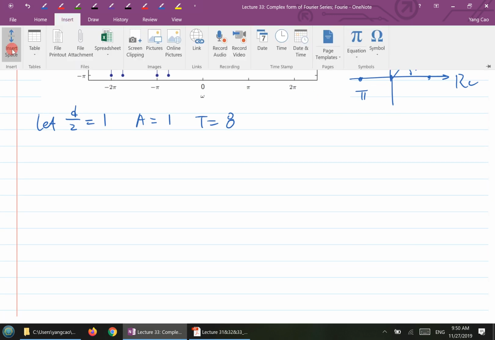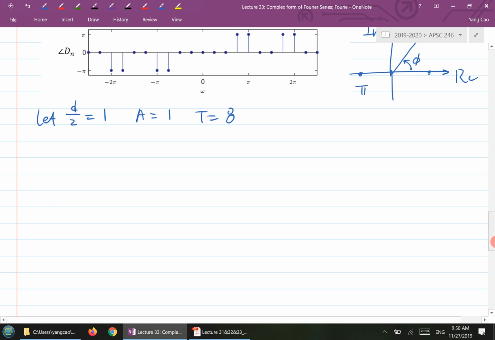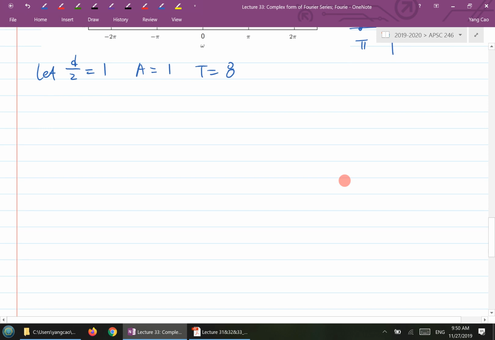So let's look at the last topics. I do have another one called the power theorem. I think I'm going to skip that one and make it optional. There's another topic, take a look at the lecture notes, called the Parseval theorem. It's a very simple theorem. Basically, this gives you the power of a signal.